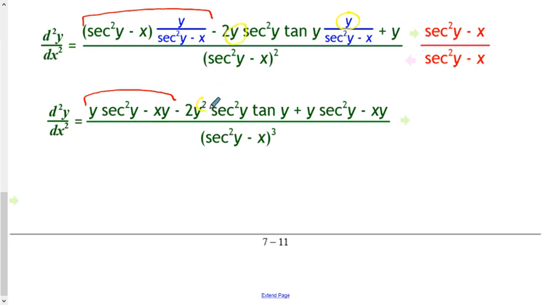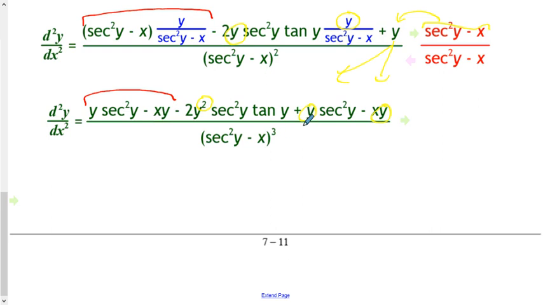But then we have this whole thing here that gets multiplied to this y that was by itself, and so I distributed that. Here's the y times secant squared y minus an x times the y, and those y's are coming from here. In the denominator, we also multiplied by this red part, so now I have an exponent of 3 in the denominator.